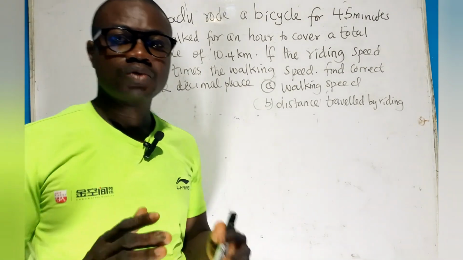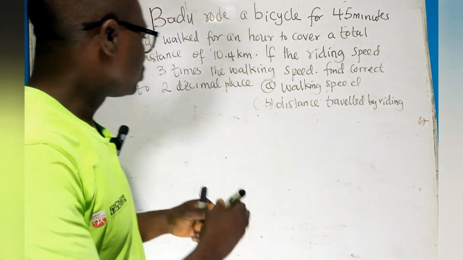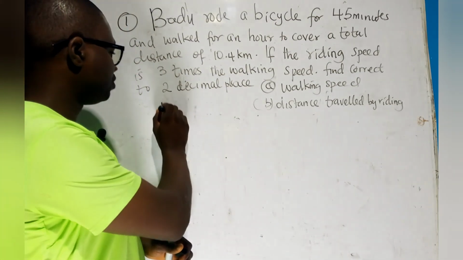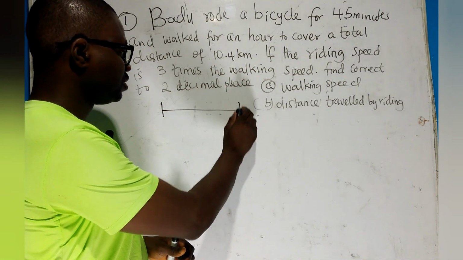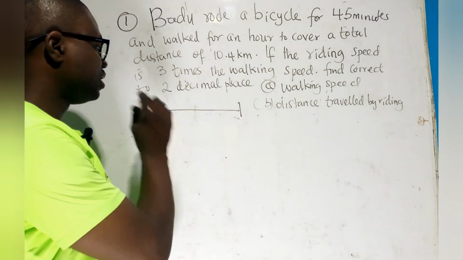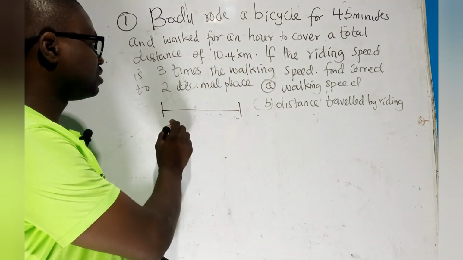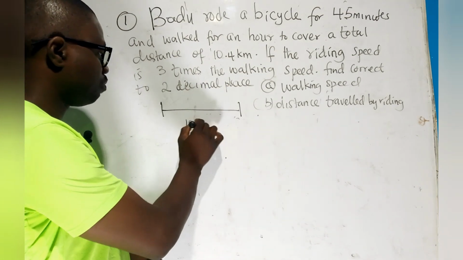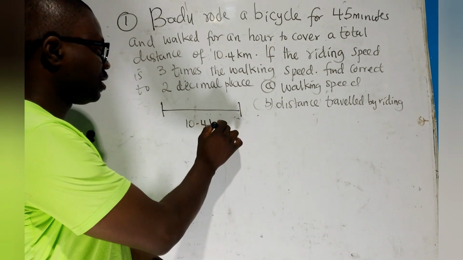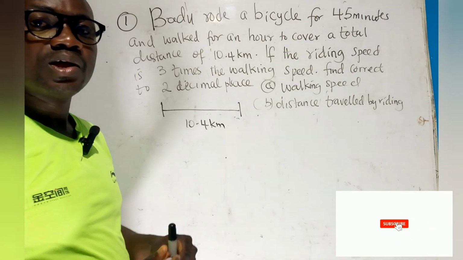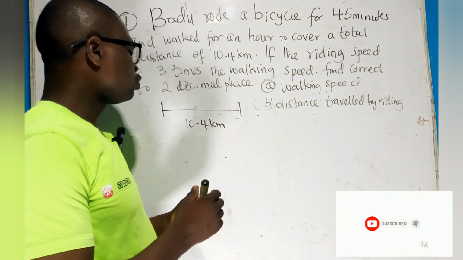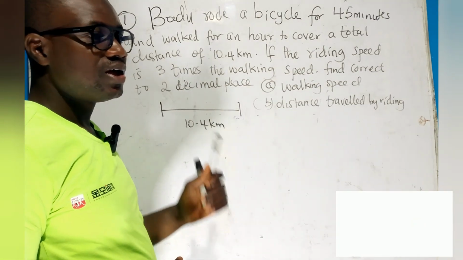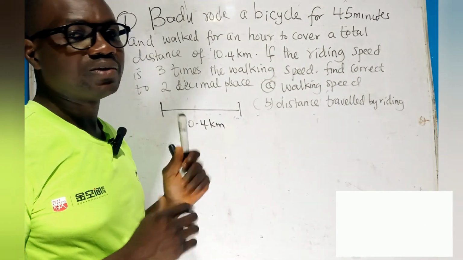Now, what you have to understand here is that there was a journey being taken, and this journey, let's assume, starts from this point to this point. In the course of this journey, it covers a total distance of 10.4 kilometers. From here, you should also know that the statement tells us there were 2 ways of covering the distance.